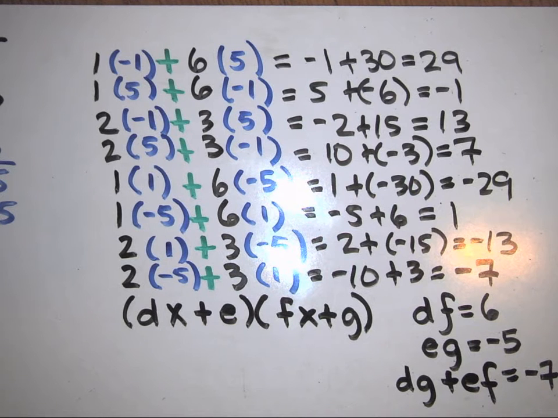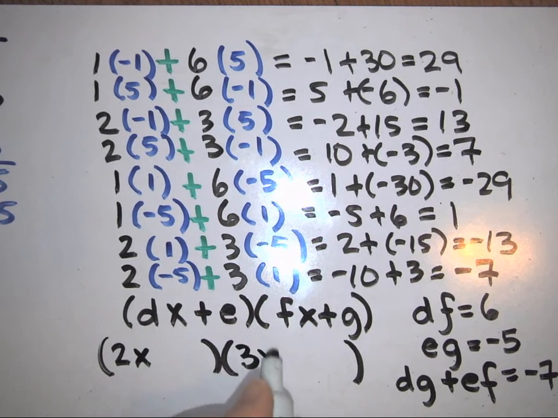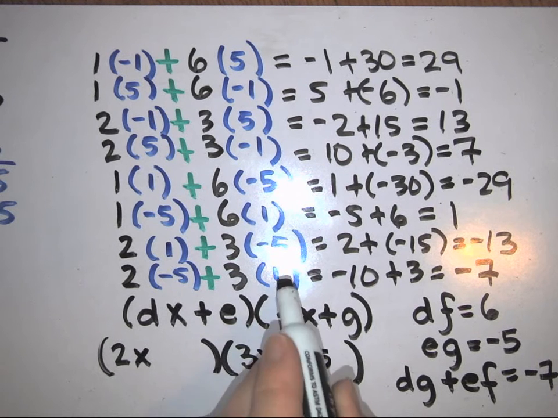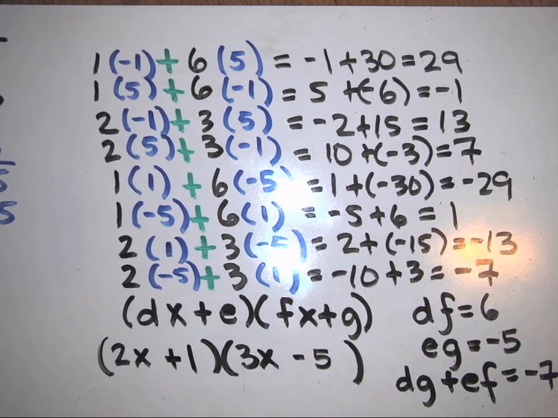So when we're doing these, we have to be careful when we pair them up. Even though here the 2 and the -5 are next to each other, when they go into our binomials, they need to be in opposite binomials so they end up getting multiplied together. So in this case, d is the 3, which means our -5, d has to go with g for my sum. So g is actually the -5, and e is the +1.